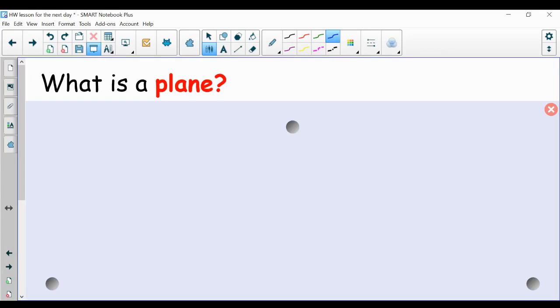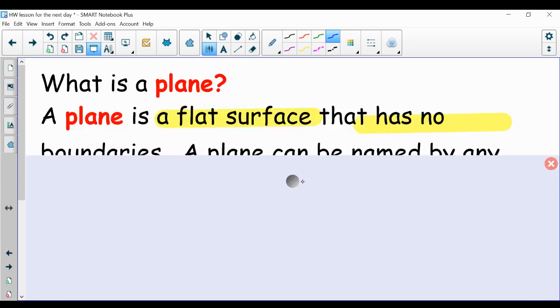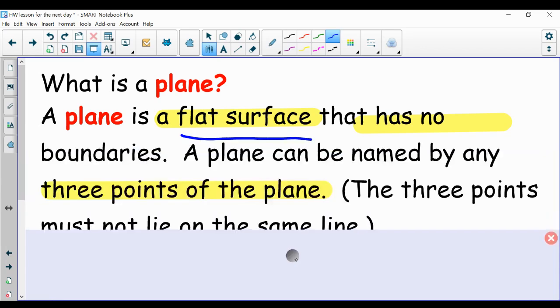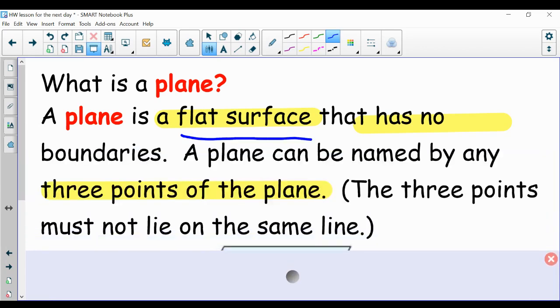Next one, we have a plane. So what's a plane? We're not talking about the airplane flying in the sky. A plane we're talking about in geometry. Actually you see it everywhere. It is a flat surface. That's it. Okay, a flat surface. You can see your book, your computer, the flat monitor.